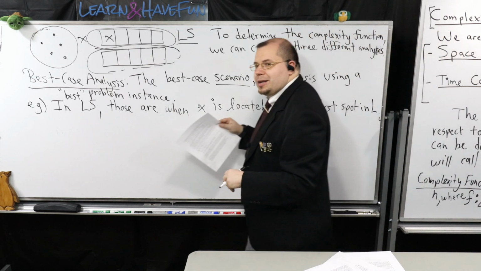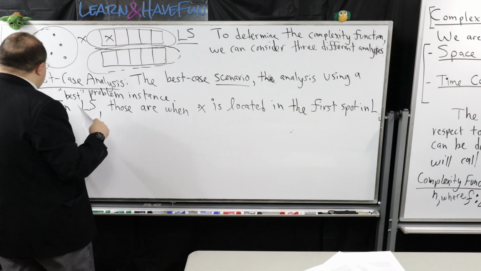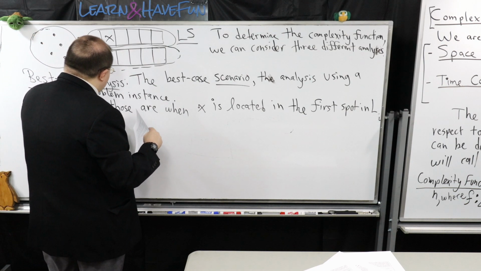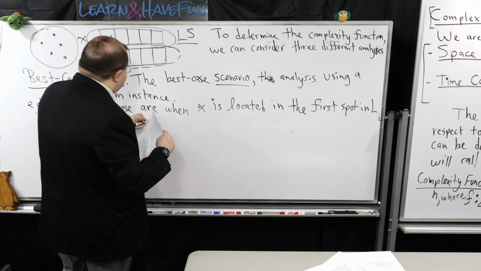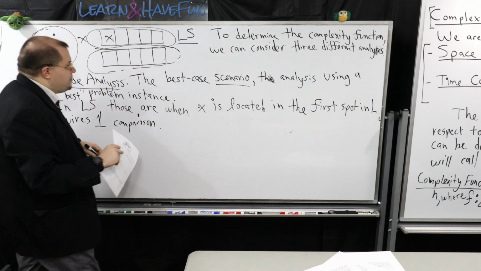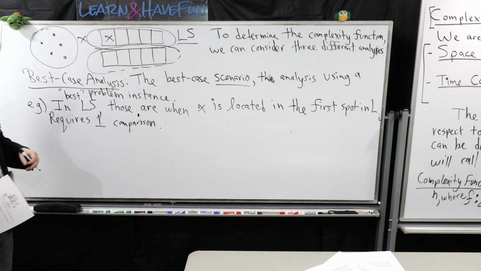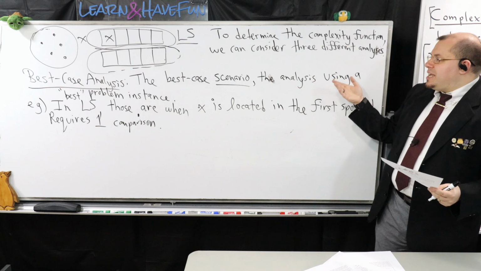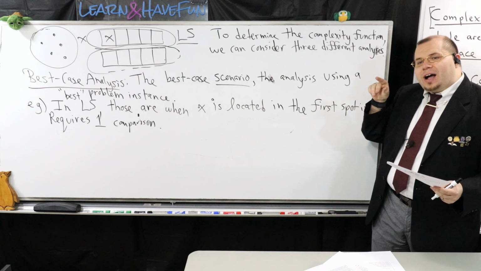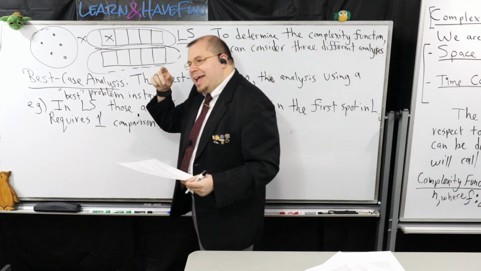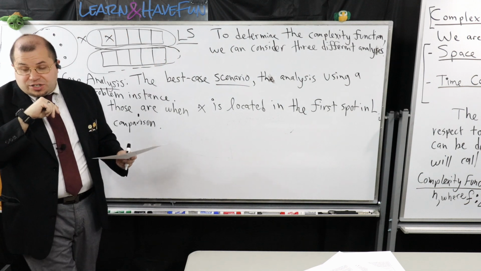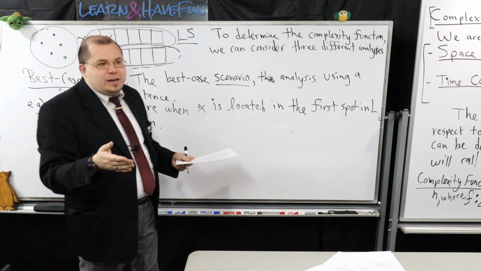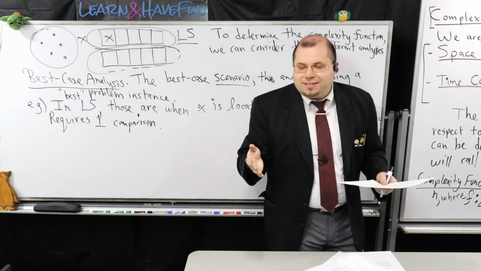This only requires one comparison. Regardless of how you slice and dice linear search, it does one comparison to check that, oh yeah, X is in the first spot. So just think of best case analysis as you define a scenario for which every one of the instances described by your scenario will perform the least number of operations with respect to the input size.